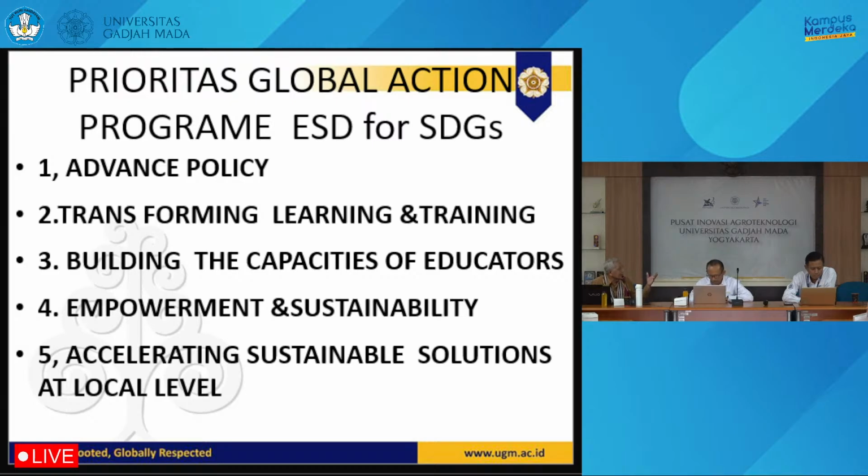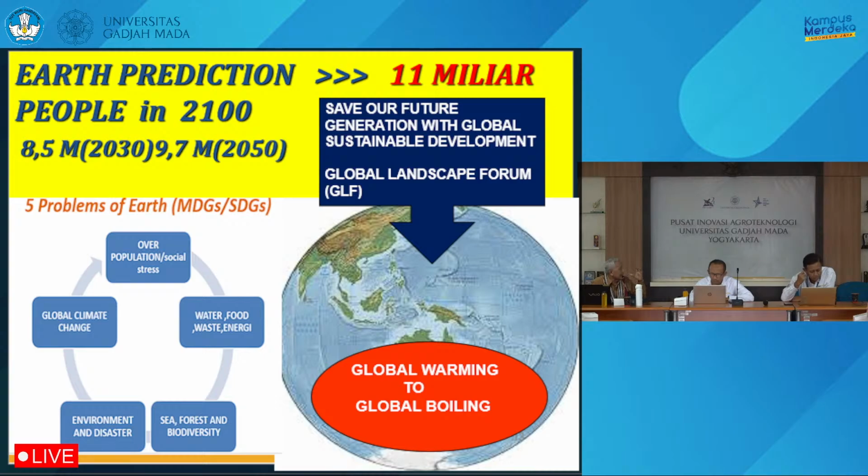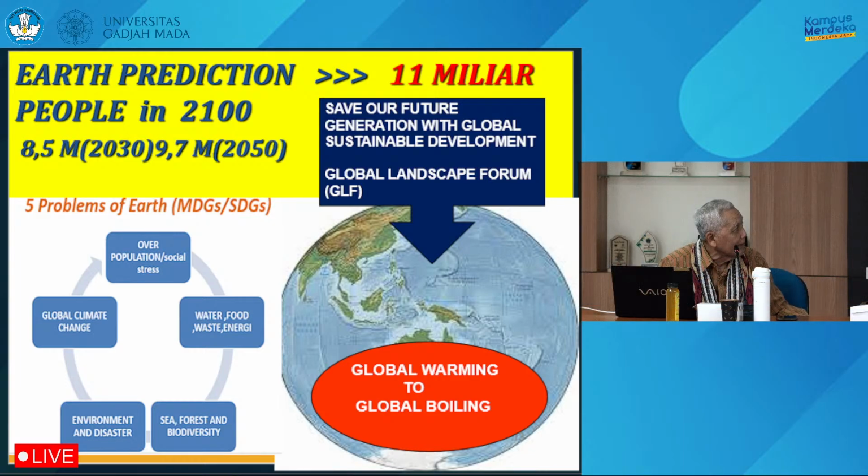So this is the problem of our earth. In the next century there will be crowded people, and global warming to global boiling now. Overpopulation, climate change, water, food, waste, energy crisis.